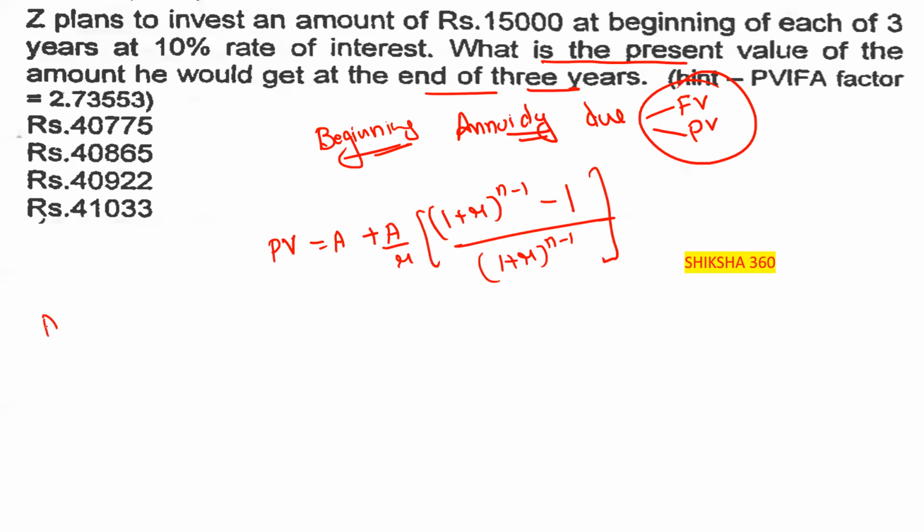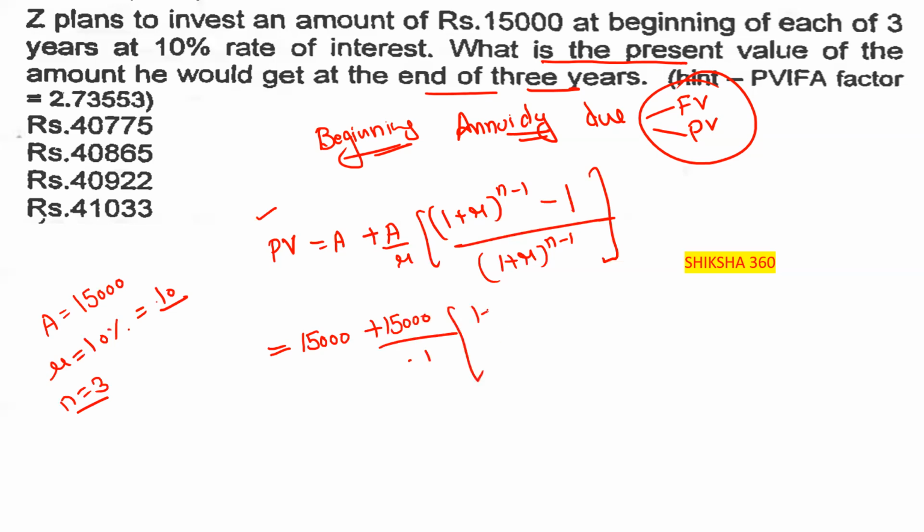A is the annual payment, that is 15,000. R here is equal to 10%, that is 0.10. N here is equal to 3 years. So we just have to put in the values: 15,000 plus 15,000 upon 0.1 into 1 plus 0.1 power 2 minus 1 upon 1 plus 0.1 power 2.